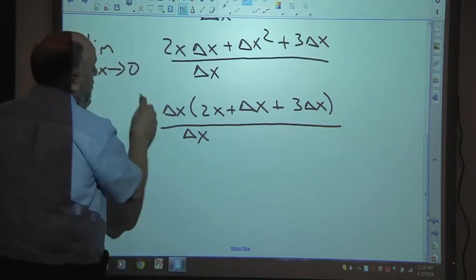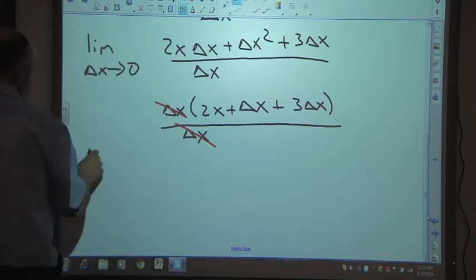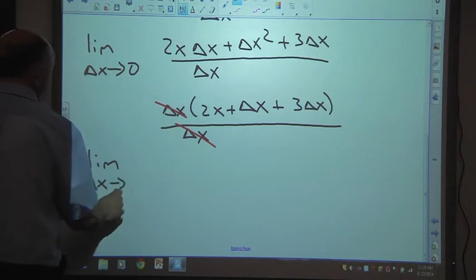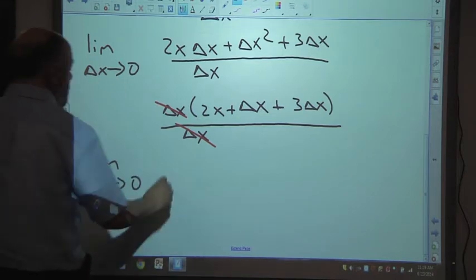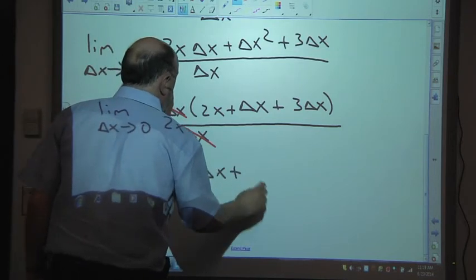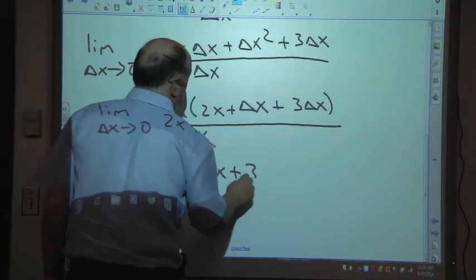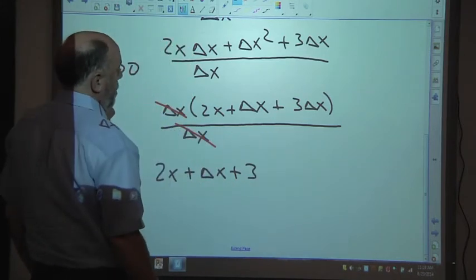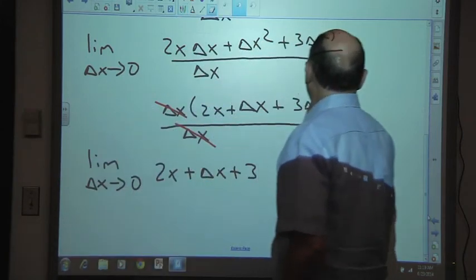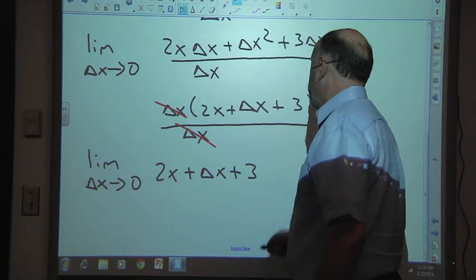The delta x's go away. So what we want to know is the limit as delta x goes to 0 of 2x plus delta x plus 3. Actually, sorry, I forgot to take that one out of there. So that should be 3 plus 3.